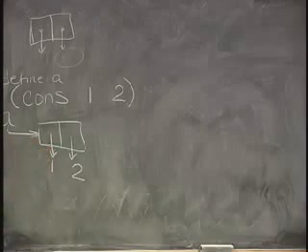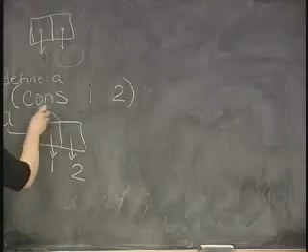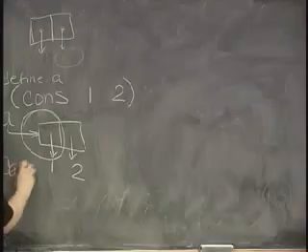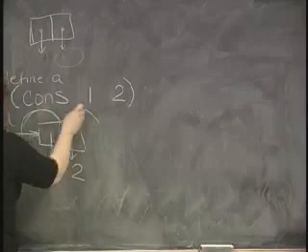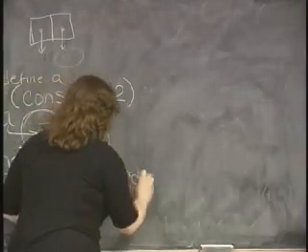So that's cons. Now, given that we can build up pairs, we need some way to take them apart. Just like we had make rat, we then needed numer and denom. If we've got cons, we need some way to take out the pieces of the pair. So this part of the pair here, the first cell, is known as the car of this pair. And this cell here is known as the cdr.